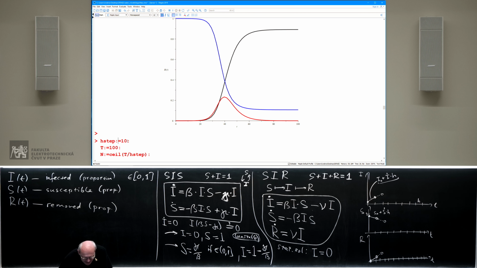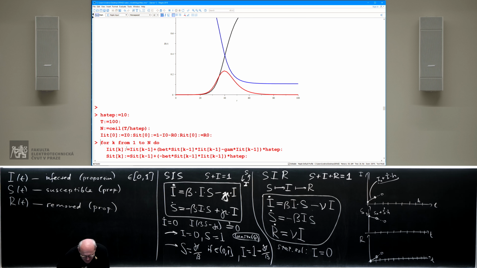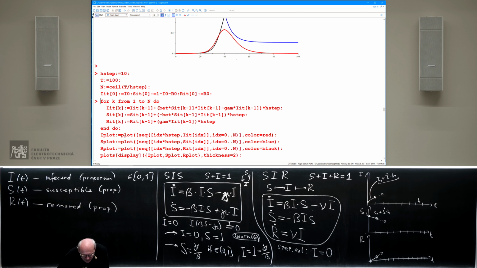So I chose the horizontal step size to be 10, and I will be interested in time horizon 100, let's say seconds, whatever. And there is some initial conditions which I borrowed from the previous example, from the one that we can see on the top. And now there is a simple code which starts at the initial value, which is the previous one, at time k minus 1. Then it substitutes into the formula for the derivative of infected people.